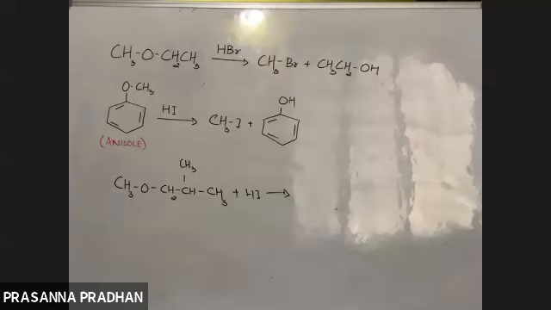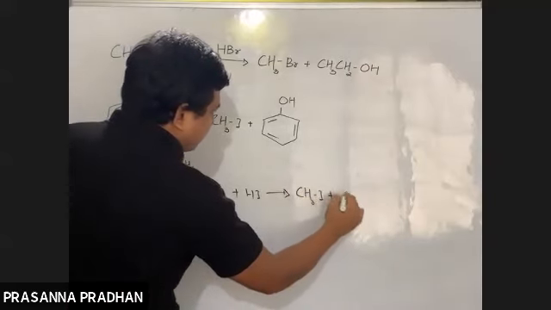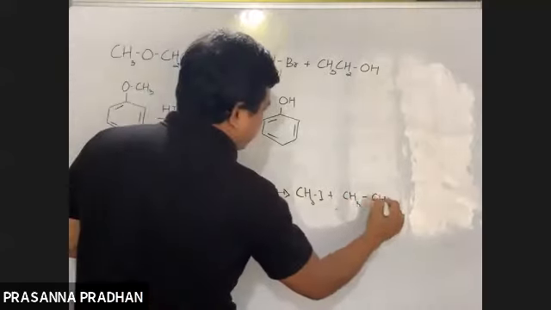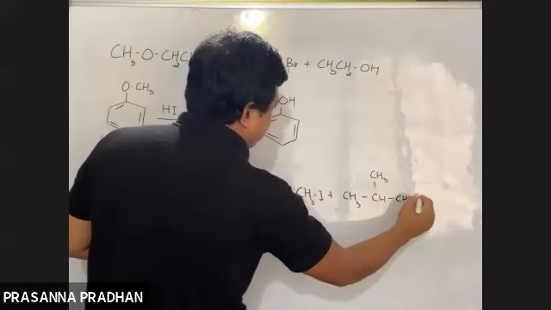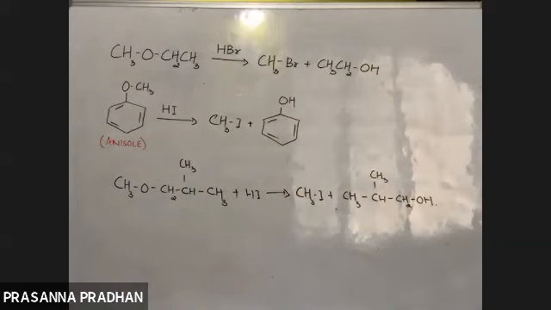Here again the smaller alkyl group is methyl, so methyl forms a bond with halide, plus we get CH3CH2OH. Now you can easily do it, there should not be any problem.